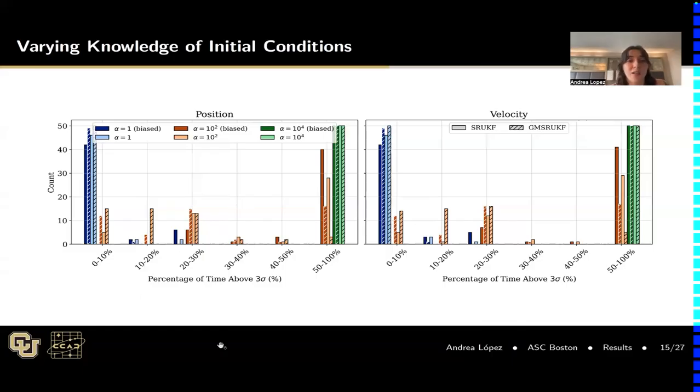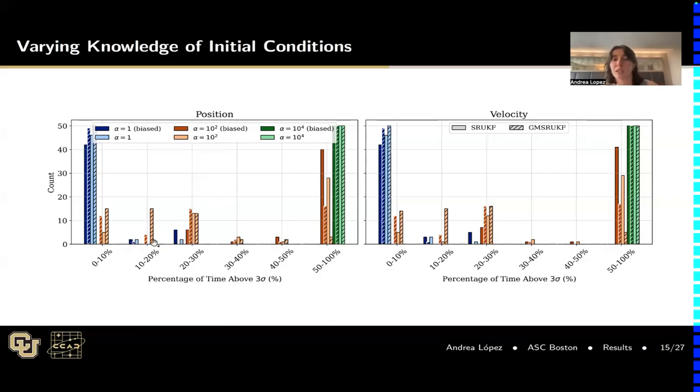With the orange, the solid bars are larger than the dashed ones, which also says that the Gaussian mixture is performing a little bit better in terms of consistency. In the intermediate orange case, we have quite a wide distribution of the Gaussian mixture results.